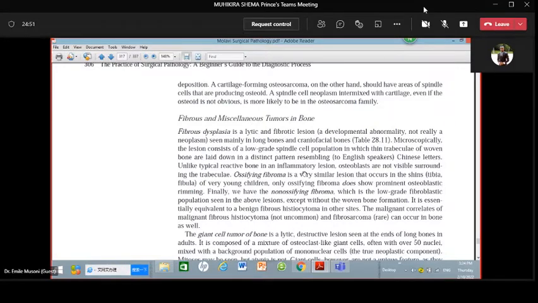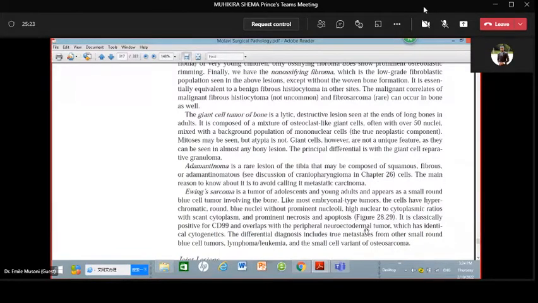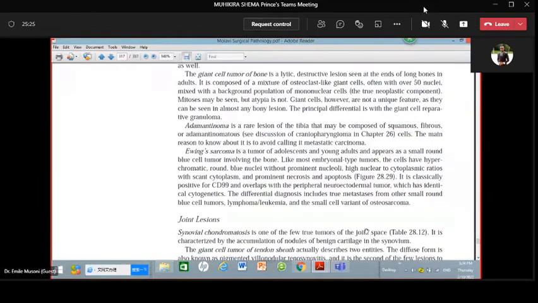There are some tumors called ossifying fibroma and non-ossifying fibroma. These are also common for those who study dentistry. You will see those tumors in dentistry. This is benign. So this is what I can say about the bone tumors.